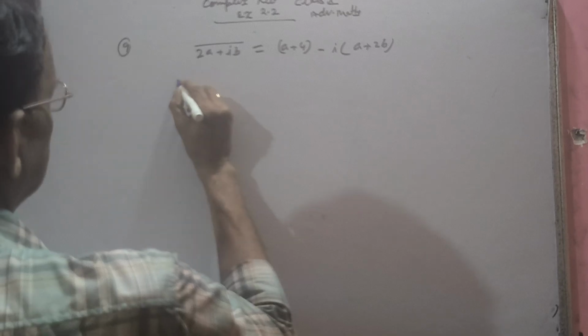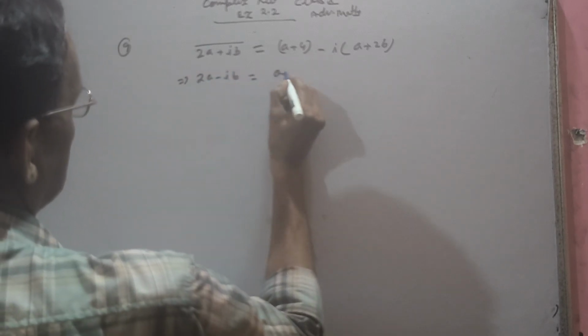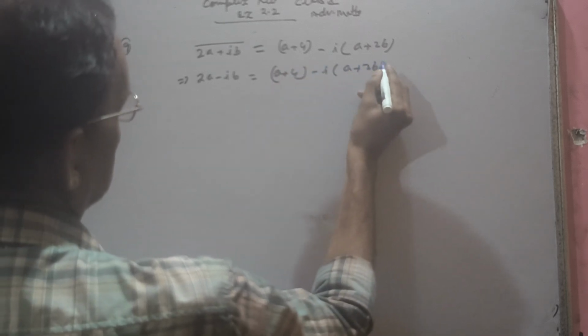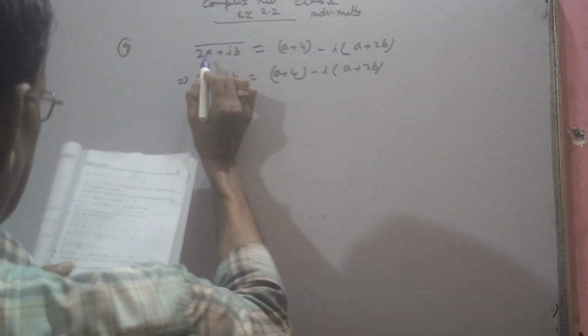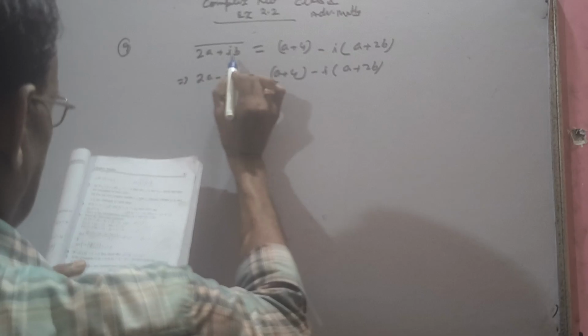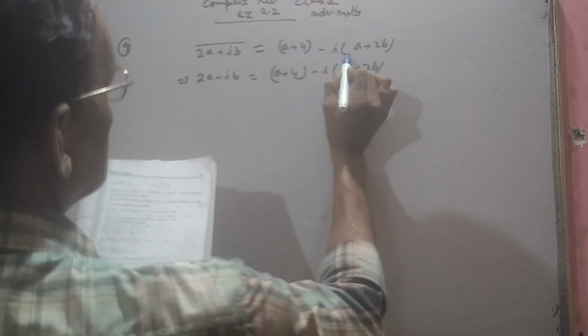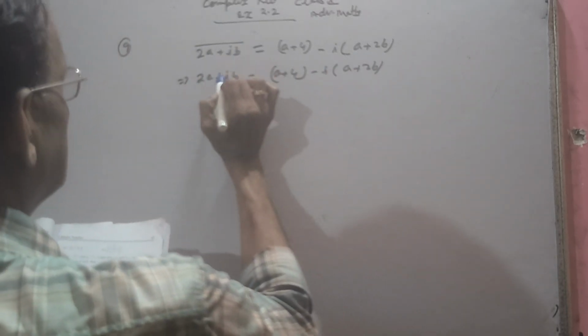What is the conjugate of this? 2a − ib = (a + 4) − i(a + 2b). Understood? This is the question only. The question is saying the conjugate of 2a + ib is equal to (a + 4) − i(a + 2b). So I have given the conjugate symbol and then the meaning.